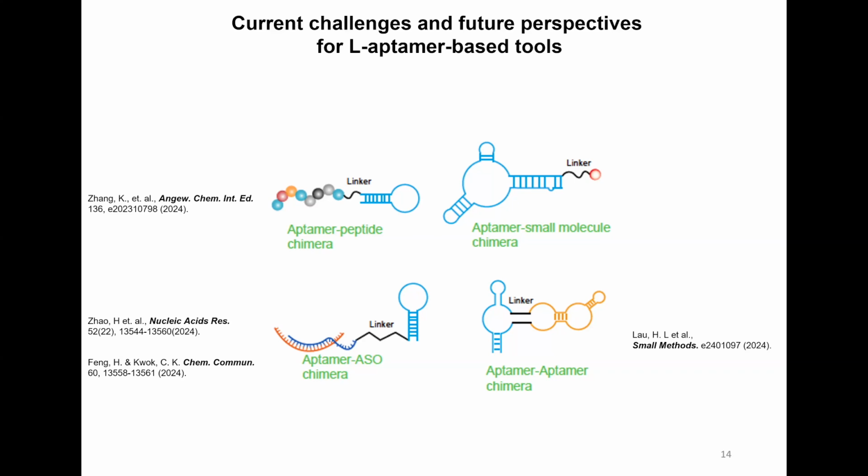We've also tried to understand more how to improve the performance. So L-aptamer binding to RNA G-quadruplex is non-covalent interaction, right? And it's just binding, right? So we have tried to incorporate DNA antisense oligo to it, such that it can not only target the RG4, but also the flanking sequence of the RG4.